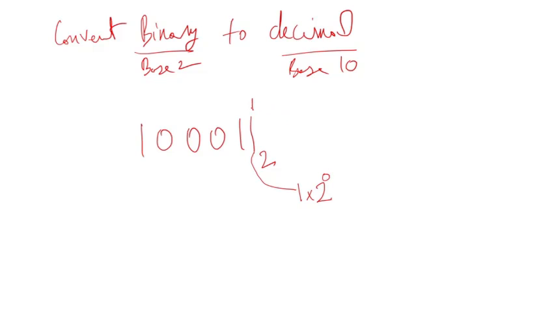So basically the positions here are 0, 1, 2, 3, 4, 5.